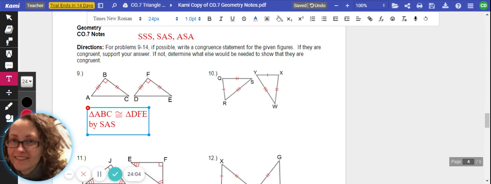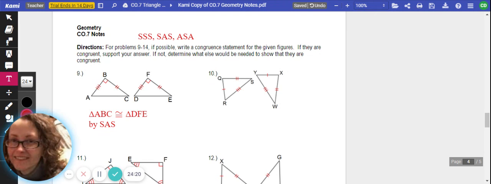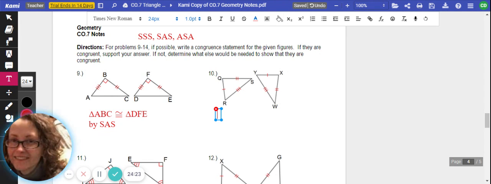I want to see, is one of these three congruence statements represented here? And I would say yes, side, side, side is, because I have three sets of matching sides. So I can say that triangle QRS, just picking an order for my first one, is going to be congruent to triangle. Now I need to figure out which order I need to go in.